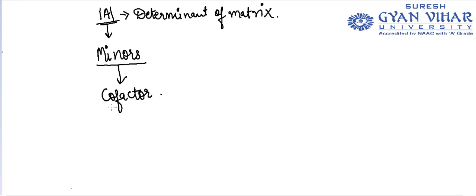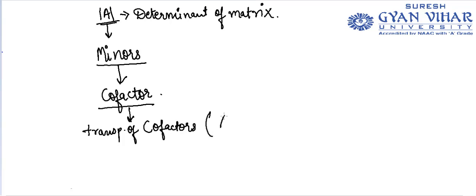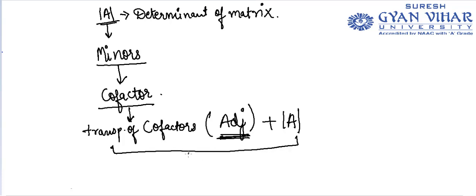If we know the cofactors, right, from the transpose of cofactors, you can find adjoint, right? And if you know the adjoint and determinant of matrix, from these two you can find inverse of matrix.